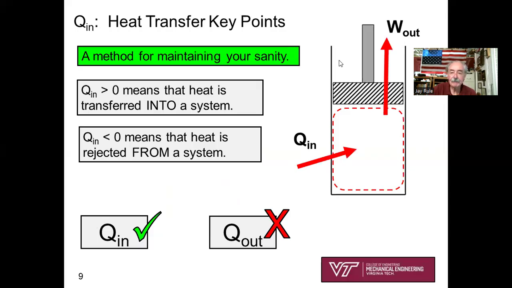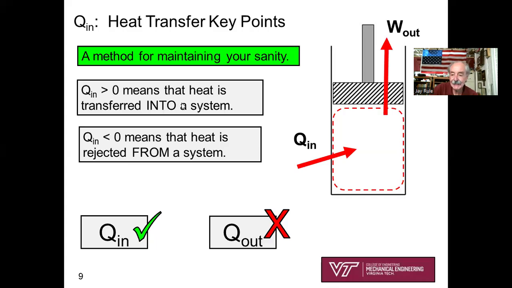Okay, a way to maintain your sanity. This is Jay's recommendation for maintaining your sanity in this class. One of the many things. I always write Q sub n. Don't just write Q. In your textbook, I believe they just write Q. Train yourself to always write Q sub n, just like I've shown on the sketch.